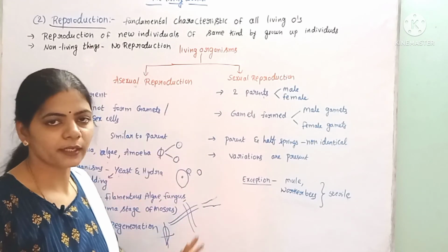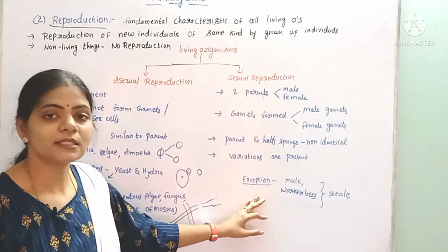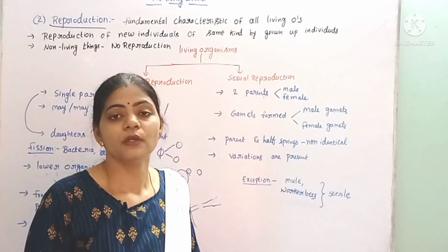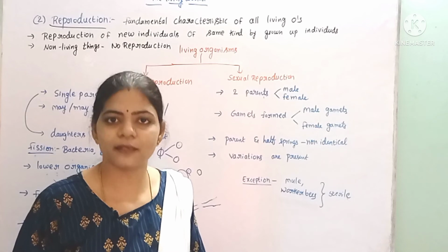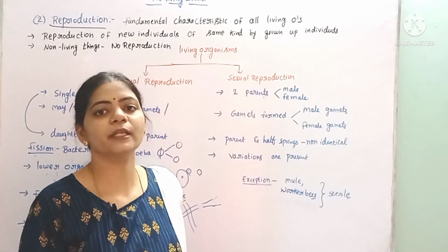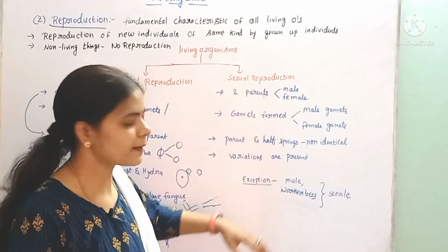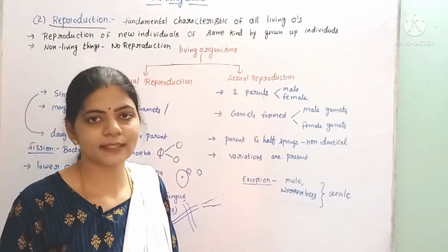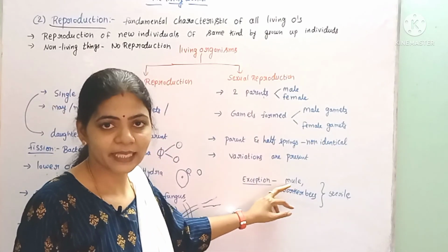All living organisms are able to reproduce, but there is an exception. In some cases, even in human couples, some people are not able to reproduce. They are called sterile. Sterile means they do not have the reproducing capacity. Examples of sterile organisms are the mule and worker bees. A mule is a crossbreed of a horse and a donkey, and it does not have reproducing capability.